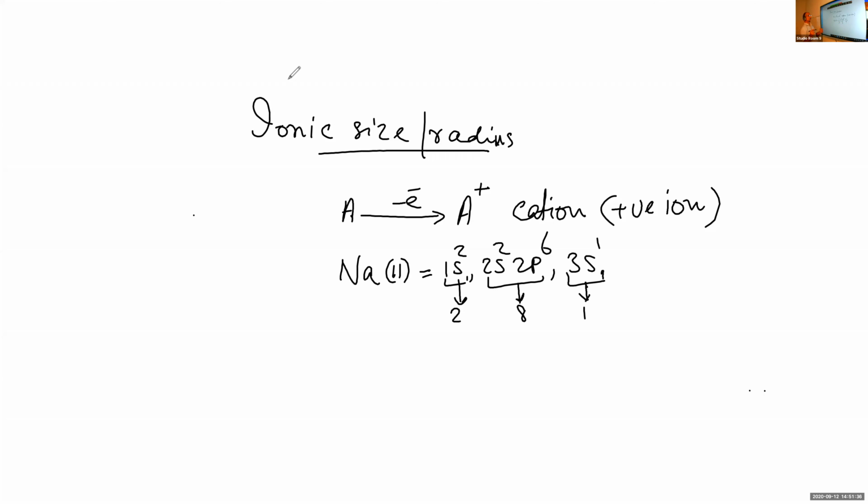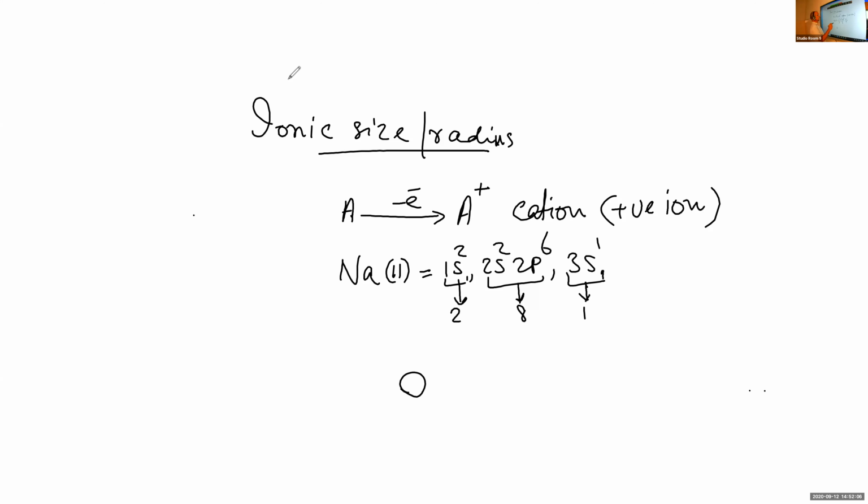And what about the nucleus? Let us draw the shell-wise structure of a sodium atom. See here, there is the nucleus. Atomic number is equal to 11. Since atomic number is equal to 11, what must be the charge of the nucleus? Atomic number is the number of protons. For 1 proton, plus 1 charge.